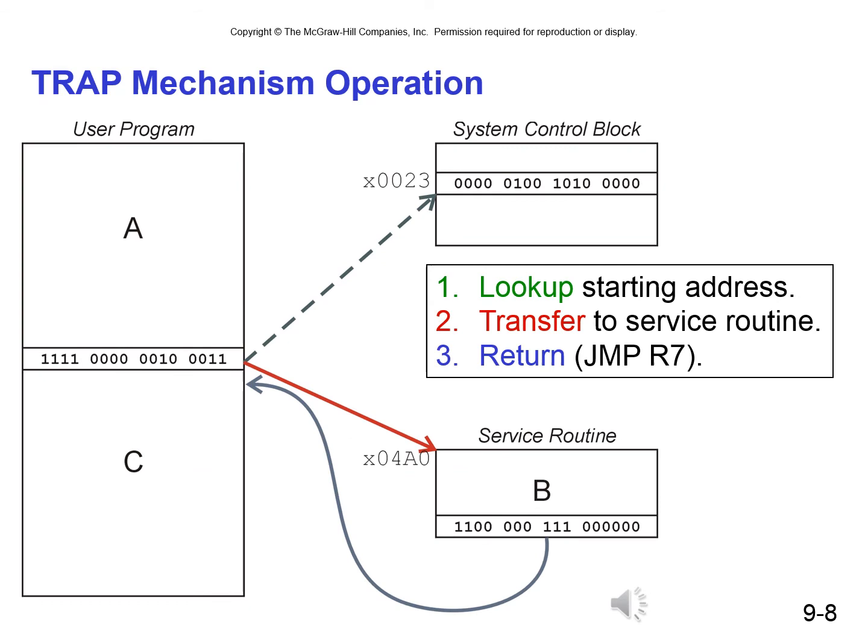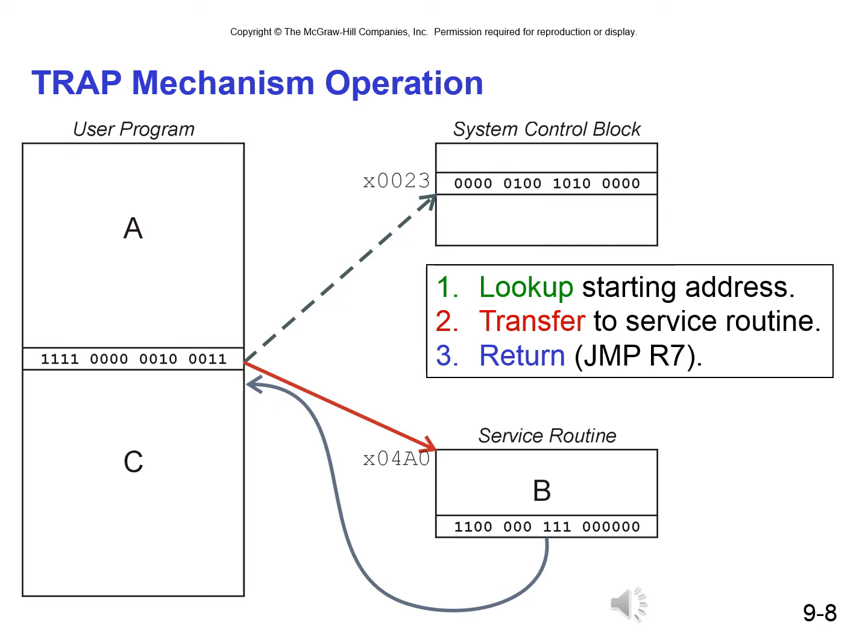In this diagram, we illustrate the trap mechanism operation. So somewhere in our user program, we have a trap call to trap x23. So we go to the address hex 0023, and at 0023, that's part of the trap vector table, also referred to as a system control block, a more generic term.